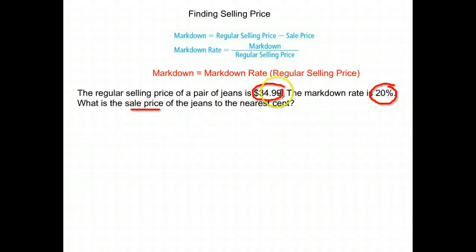Okay, well, let's take our regular price and figure this out. Let's first find out how much of a discount you get. You get 20%. So let's find our markdown first. Here's our markdown equation. So we're supposed to take our markdown rate of 20%. If we move our decimal over, that becomes 0.2 times the regular price of $34.99.